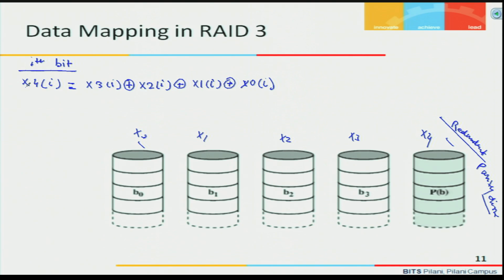Now, let us say this X2 disk fails. It is out of order. How do we recover the data which was stored in the X2 disk?